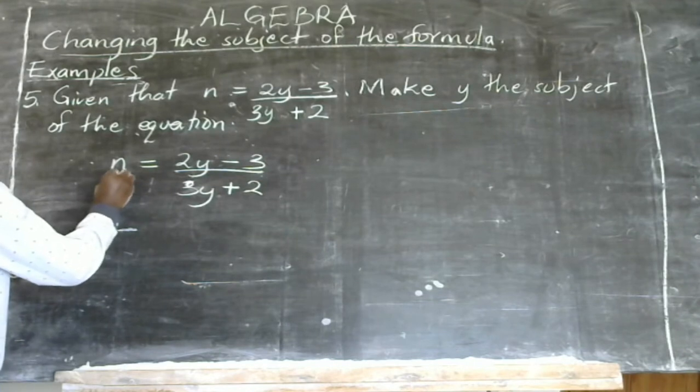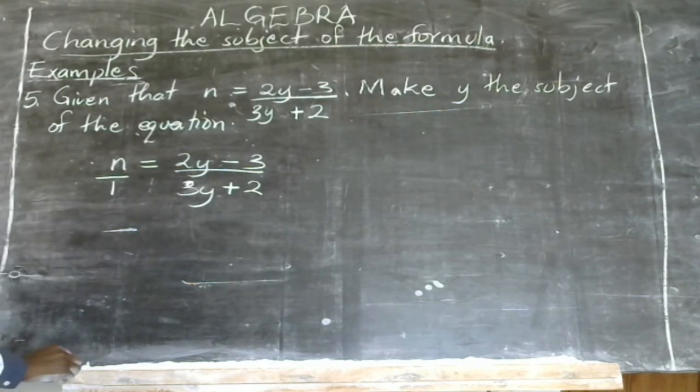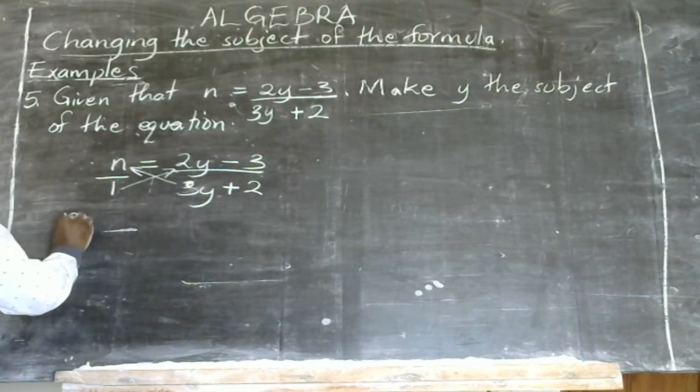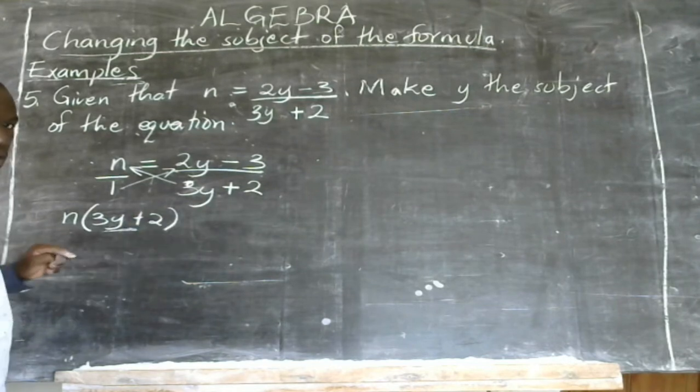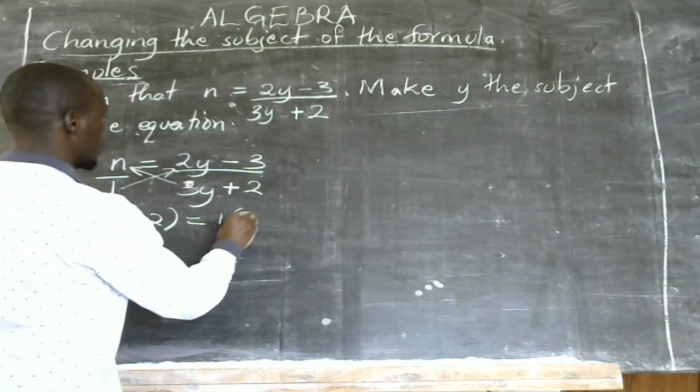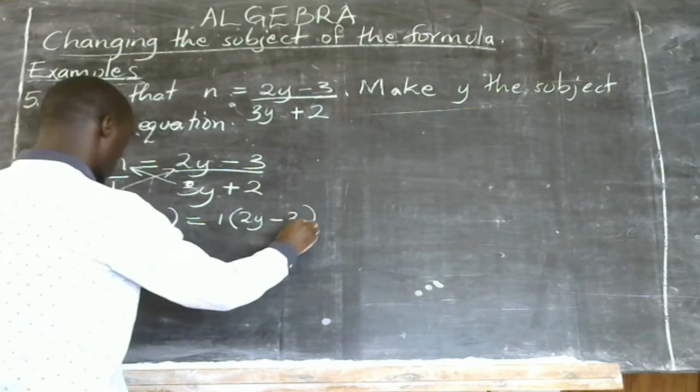This left hand side, the n is all over 1, so we are going to cross multiply. That's going to be n into 3y plus 2 is equal to 1 into y minus 3.